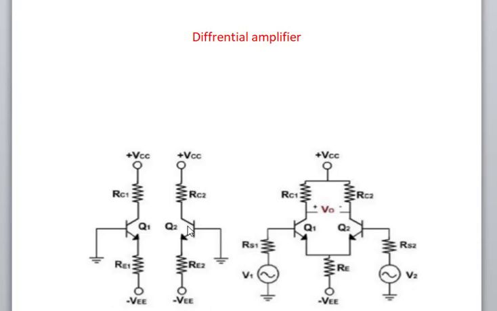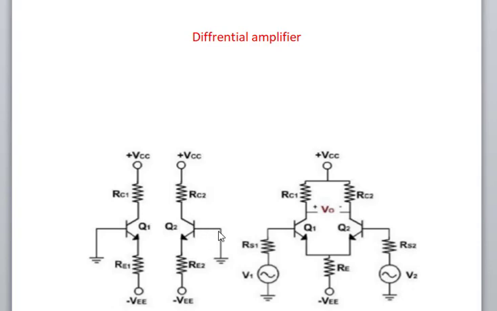Here also is another transistor Q2. Its emitter is also biased using minus VEE and the emitter resistor Re2, and the collector is biased using the resistor RC2 and plus VCC.